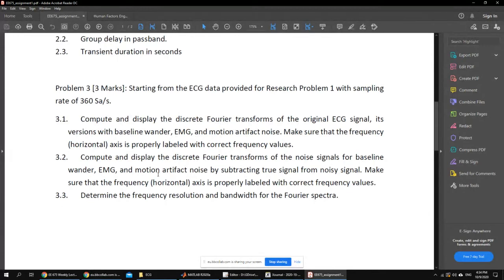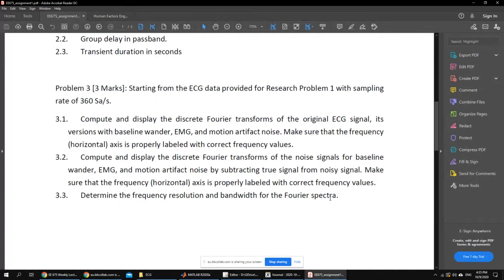We're just computing and displaying. Here you determine the frequency resolution and bandwidth for the frequency spectra, which is one of the basics that we talked about in the Fourier transform. It's the delta F, and the bandwidth is equal to the sampling frequency. The bandwidth is the FS? Yes. And the frequency resolution is FS divided by NS. Is it true? Yes, that's correct.